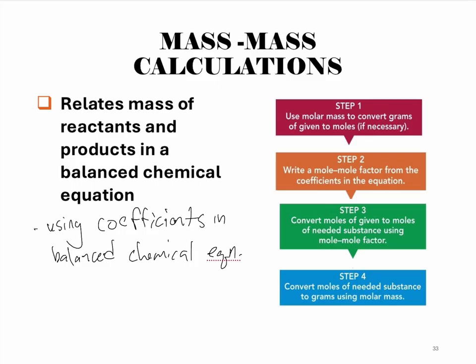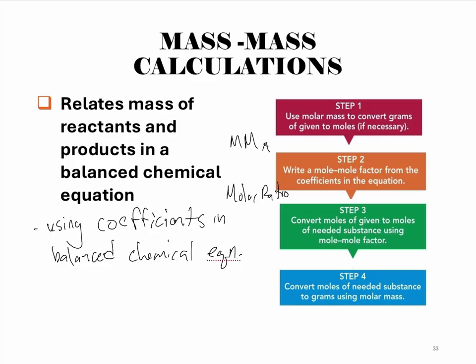Why? Because we always need to convert things into moles to go from one compound to another or one element to a compound. Then you have a mole to mole ratio, right? So this is the molar mass that we use to convert a compound A. The molar ratio is in the second step.